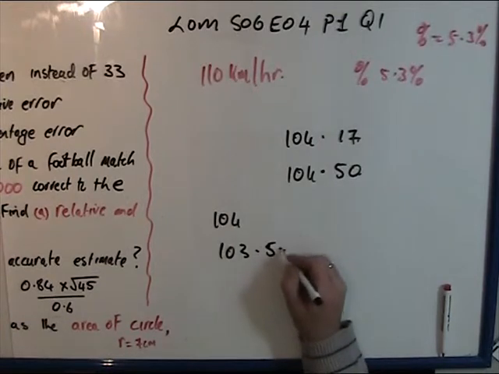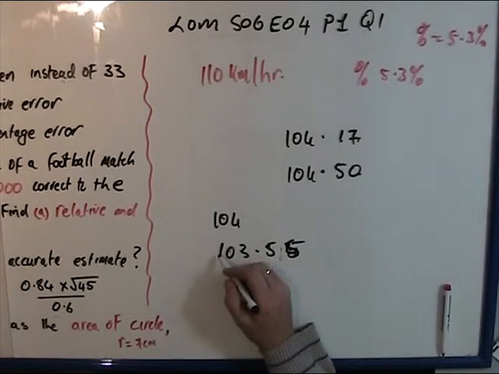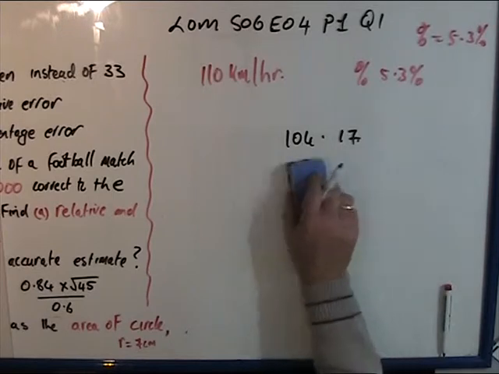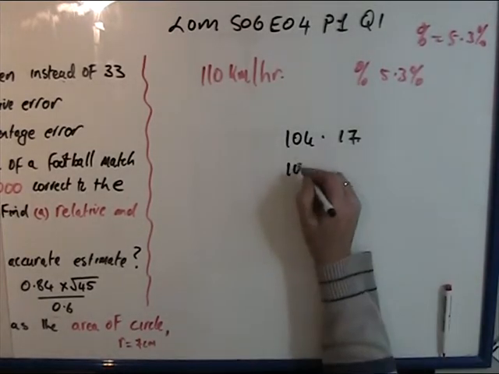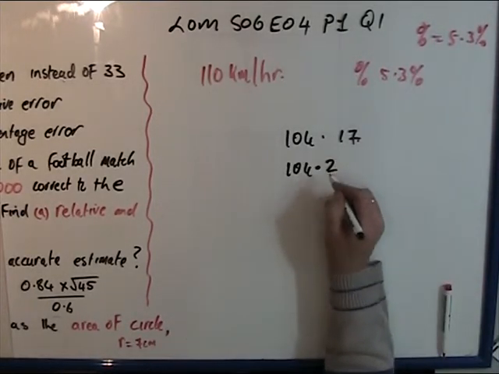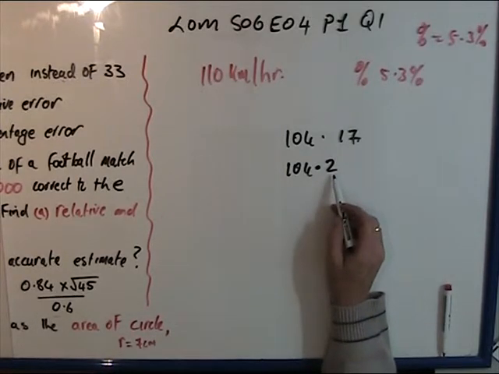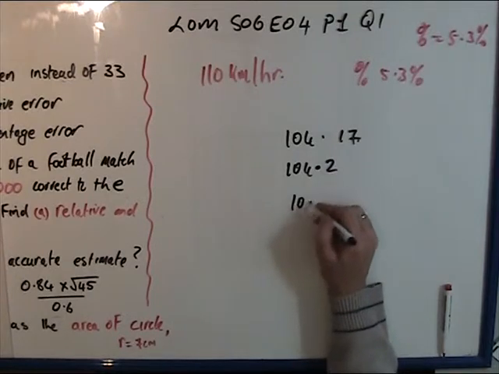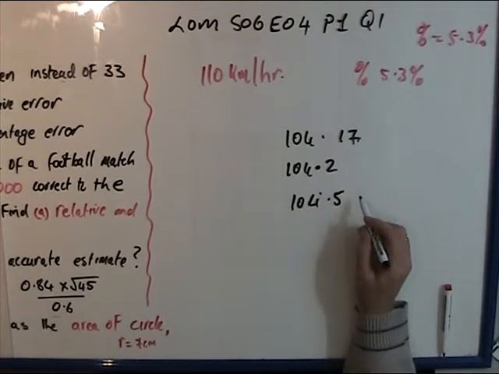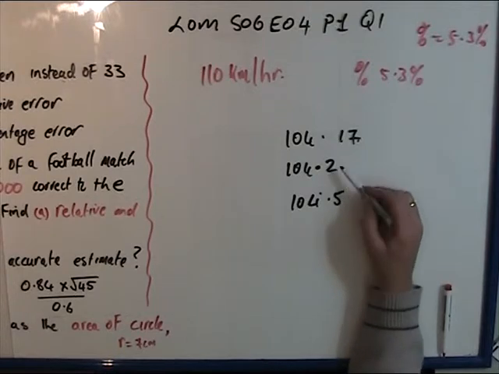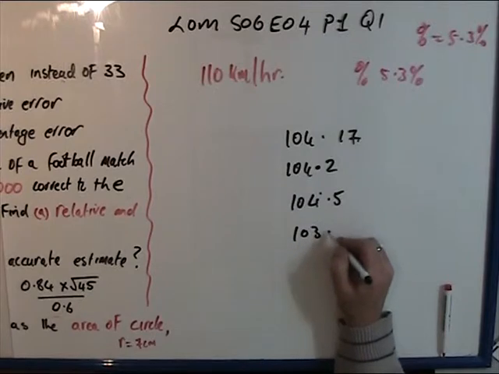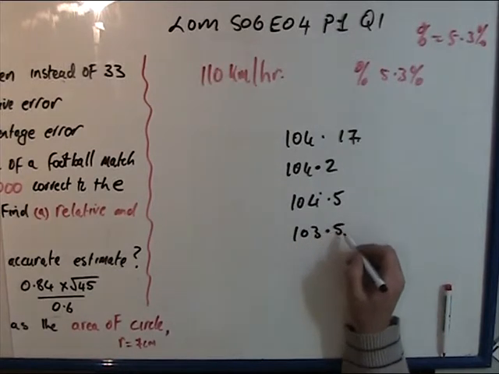Now I'll explain this later. It's kind of getting a bit confusing, but we will leave it at 104.2. Okay, and the real value is really 104, and it goes up to 5. If you didn't know, this would be the upper limit, and the lower limit would be 103.5.